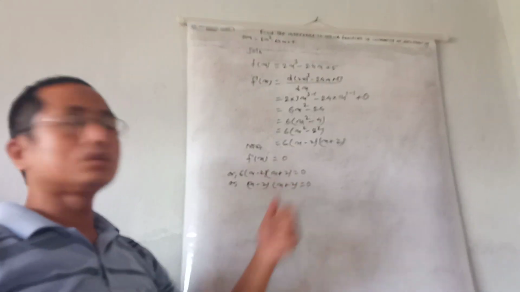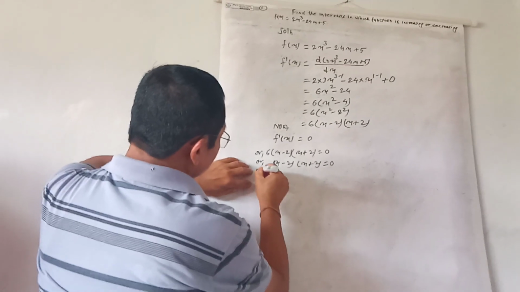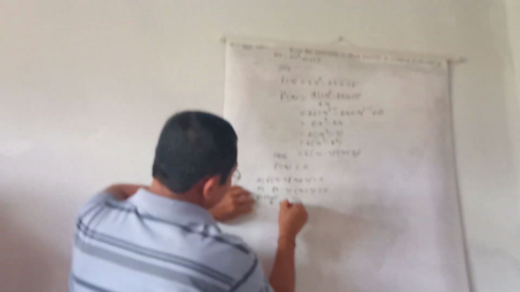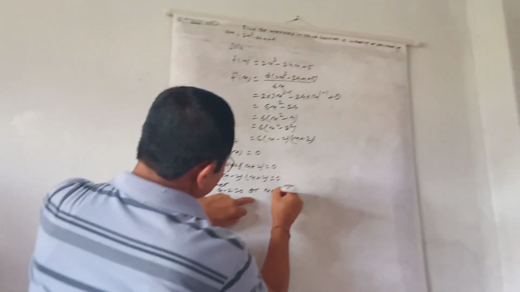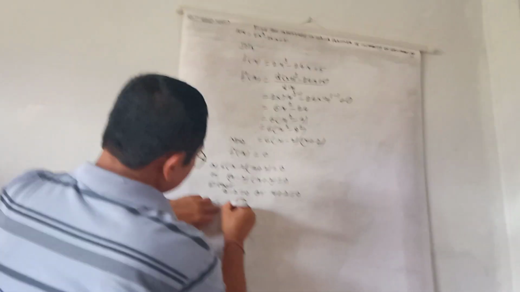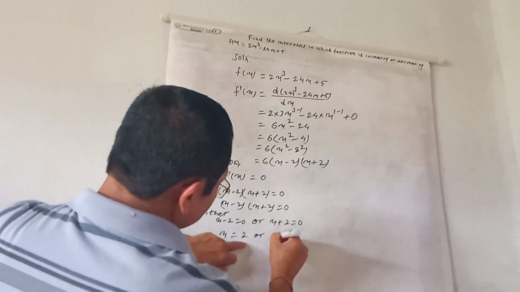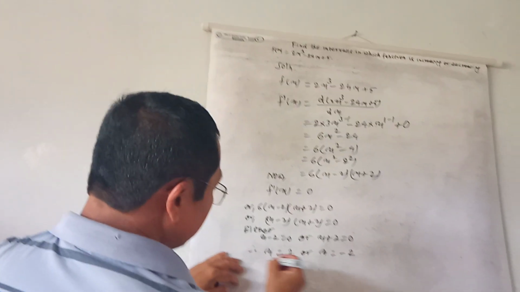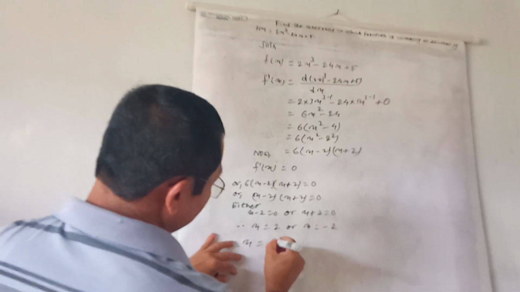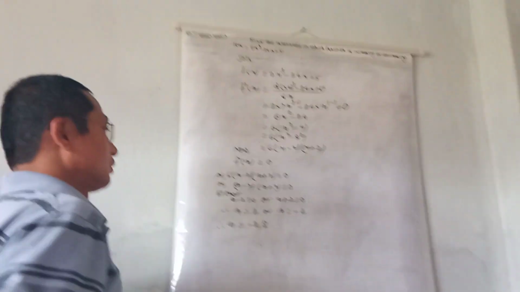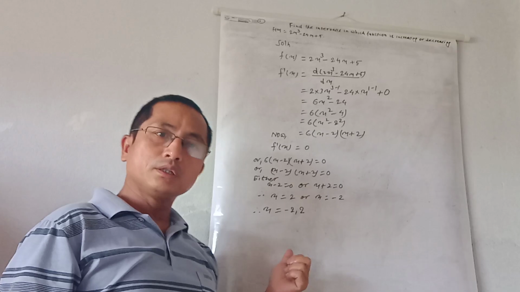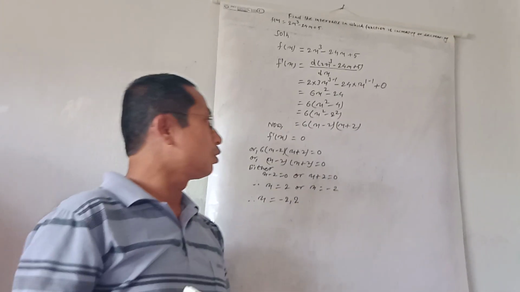Therefore either x minus 2 is equal to 0 or x plus 2 is equal to 0. Therefore x is equal to 2 or x is equal to minus 2. So the value of x is minus 2, plus 2. This is the value of x.